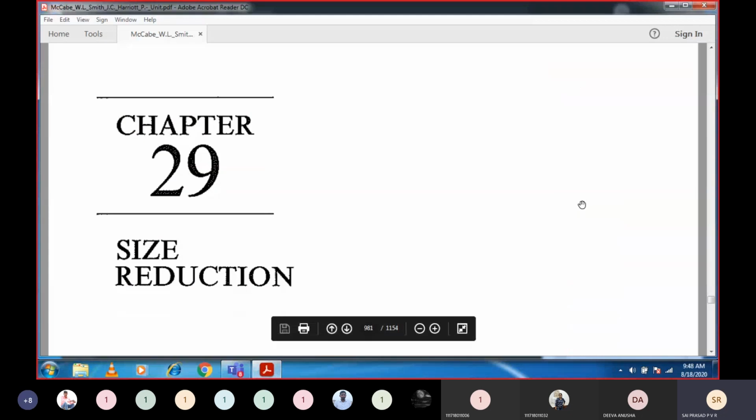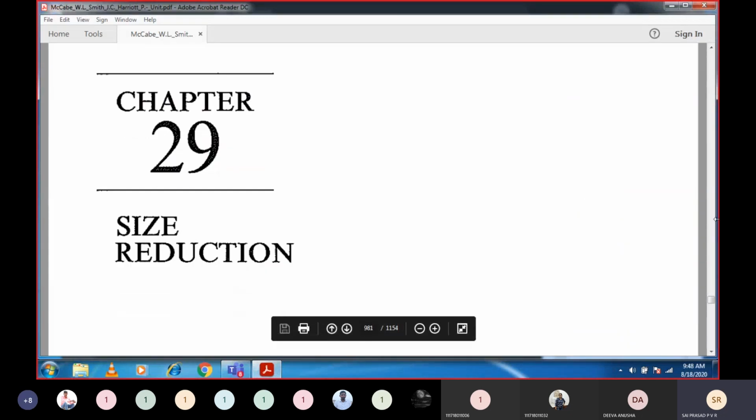Yeah. Now this is about size reduction. If you remember the pyrites process, we started it by means of a pulverizer. The ores come in the form of lumps, and now their size has to be reduced to minus 200 mesh.